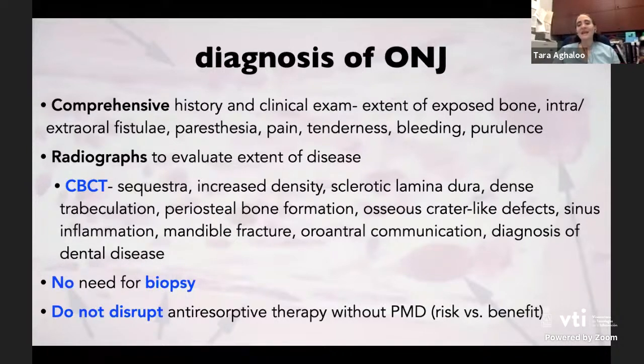We did a study in animals that I didn't show you, because obviously I didn't have time to show you everything I could say about this. We looked at the differences between bisphosphonates and denosumab once you develop ONJ. And really what we found was that if you stopped the denosumab before you got ONJ, if you were going to do some teeth extractions, it would potentially go on to heal.